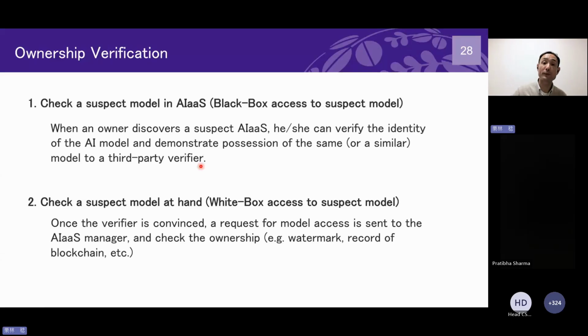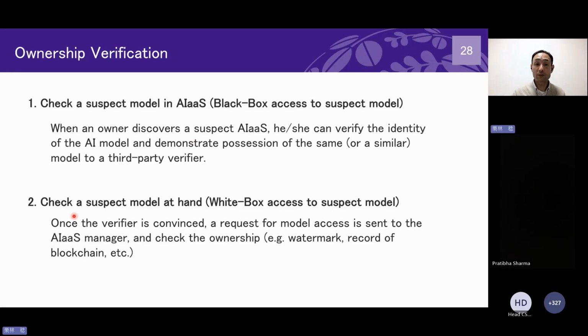There are two steps. At first, the owner discovers and tries to check whether the model deployed on the cloud server is the illegally copied model. This is the first step. And the second step is to prove it to a third party. This is a very important requirement for ownership verification.